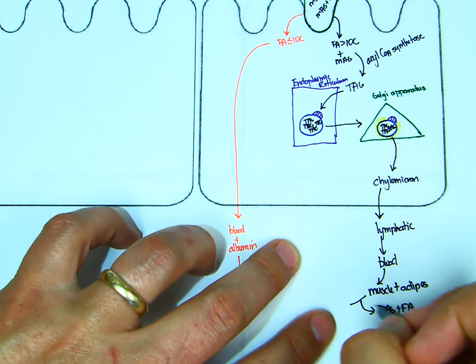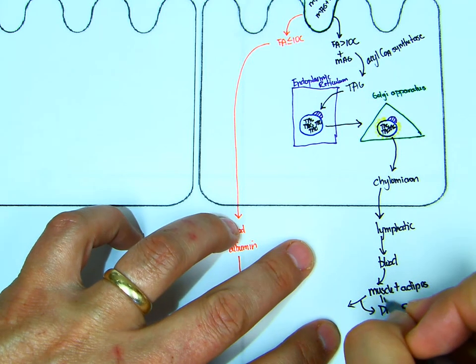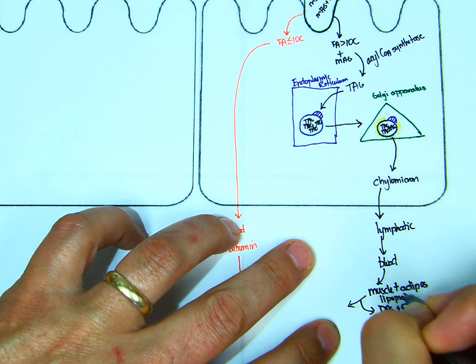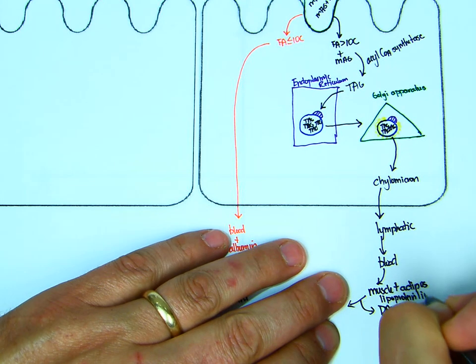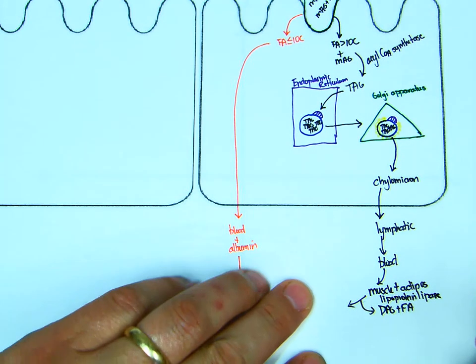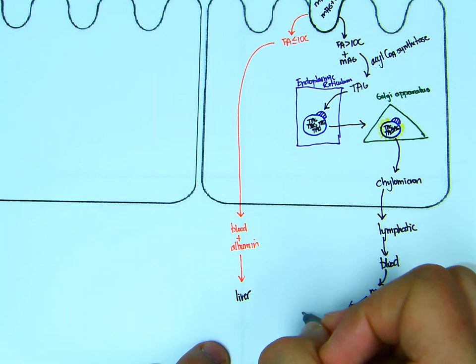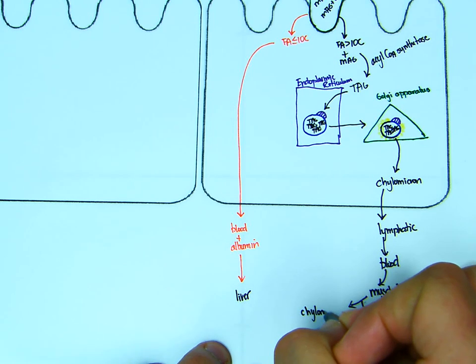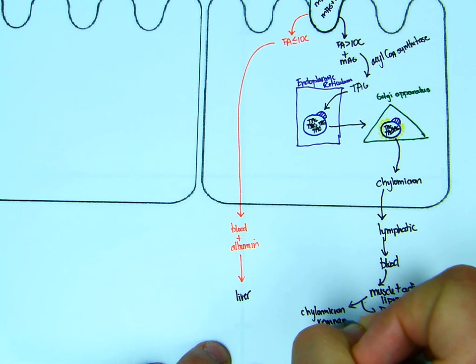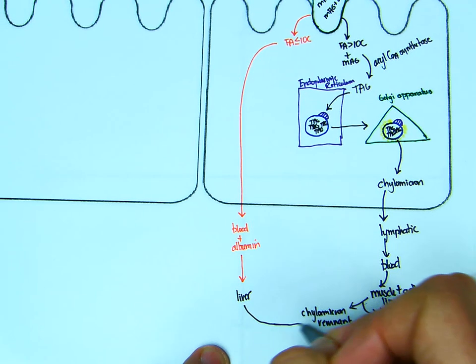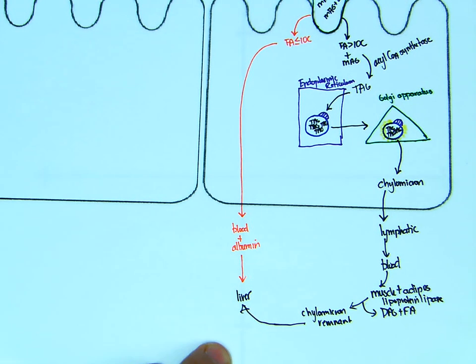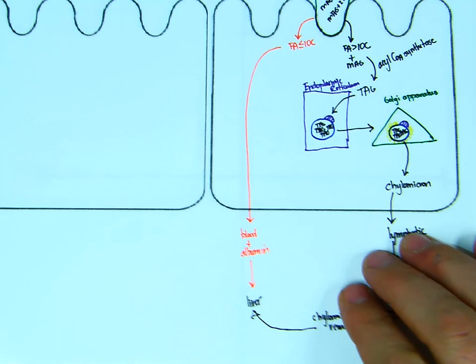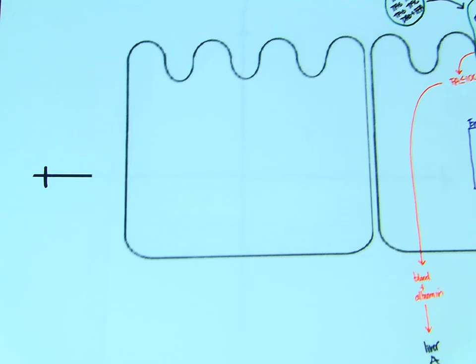The enzyme that catalyzes that reaction is lipoprotein lipase. And then we have a chylomicron remnant. Which is endocytosed by the liver. Okay.